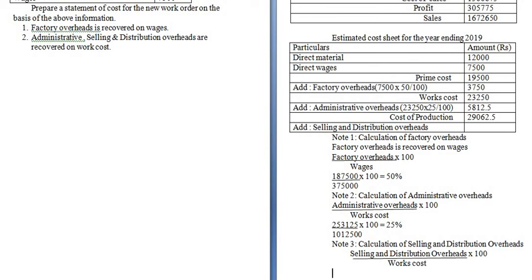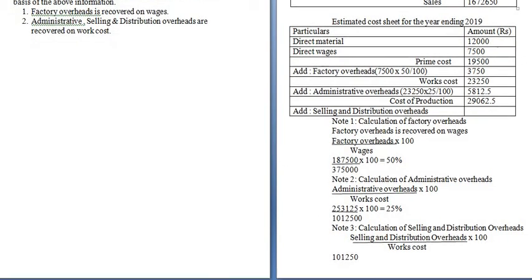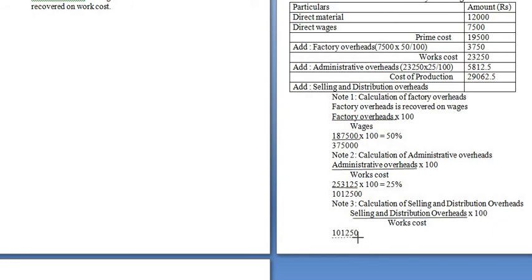Selling and distribution overheads is 1,01,250 divided by works cost, which is 10,12,500, into 100.